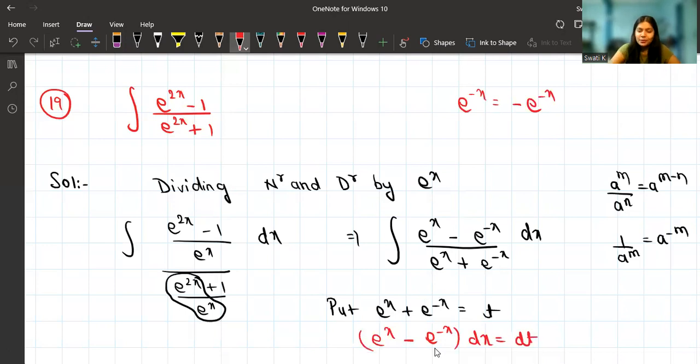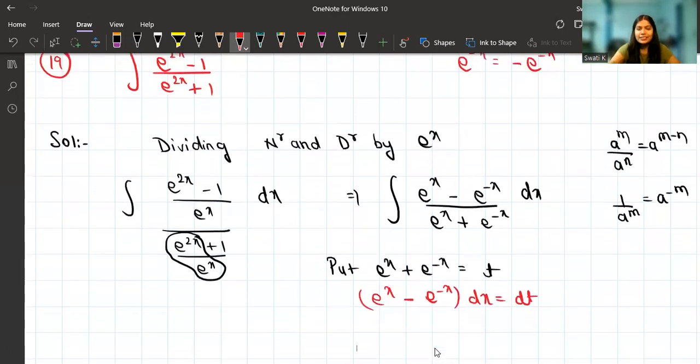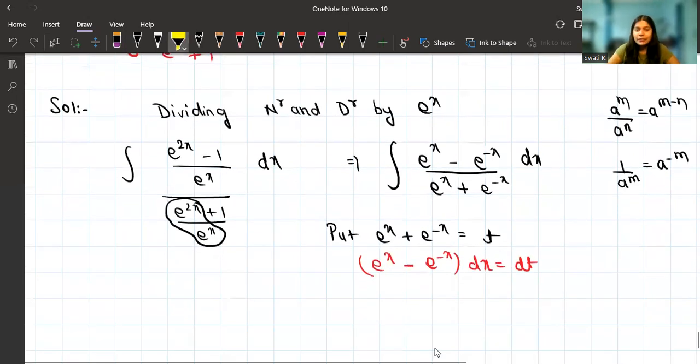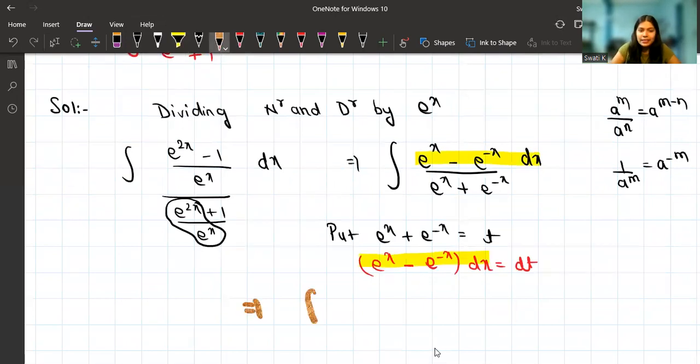Now this looks very interesting because I can see that we have the exact term in the question, which is this. So you are simply going to write down this as integration of dt upon t.